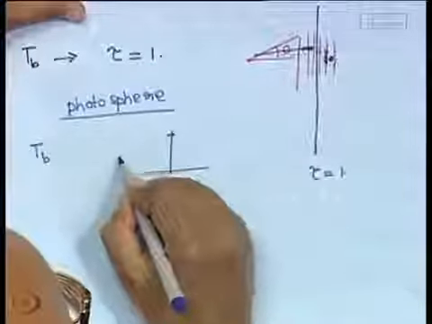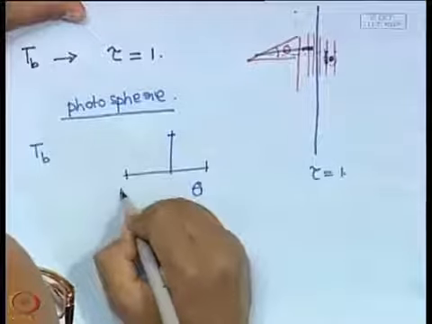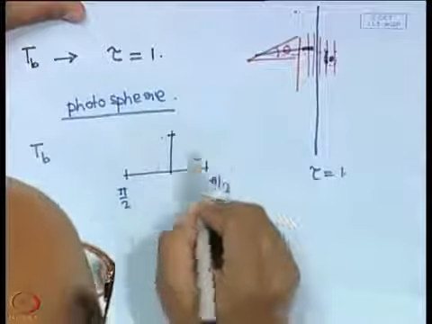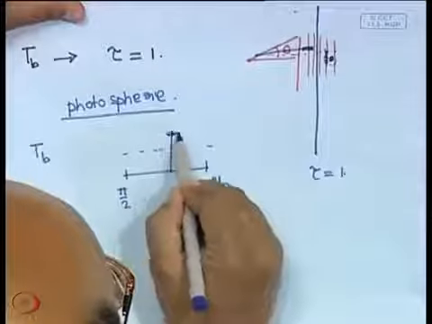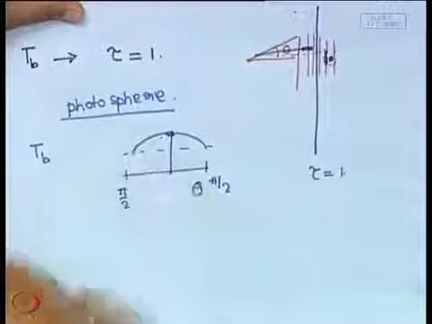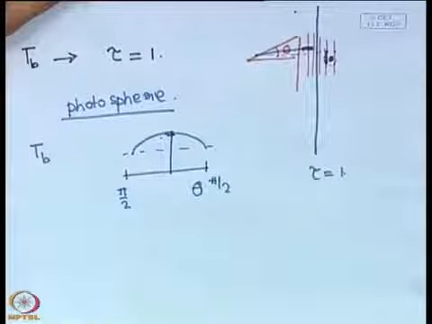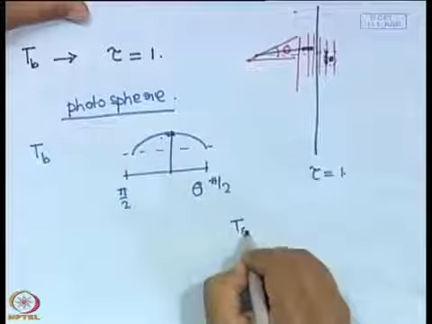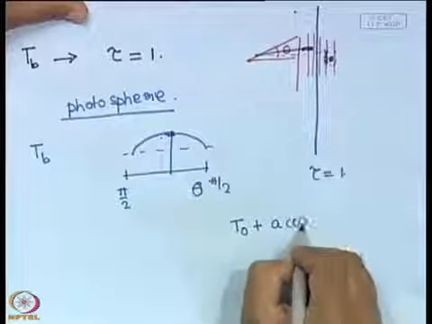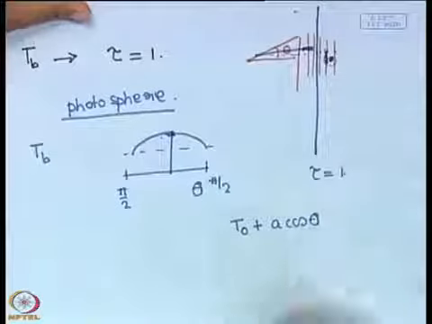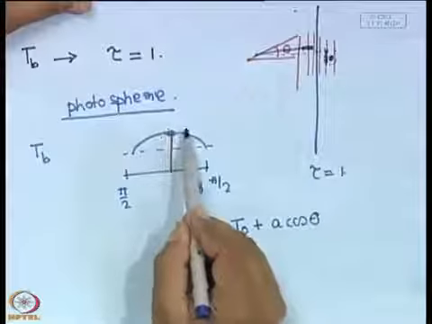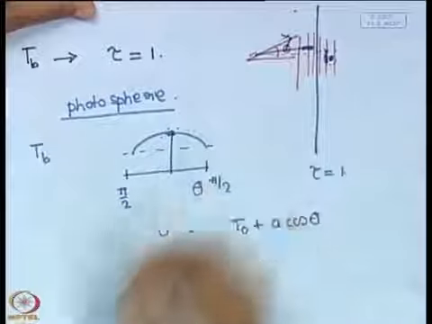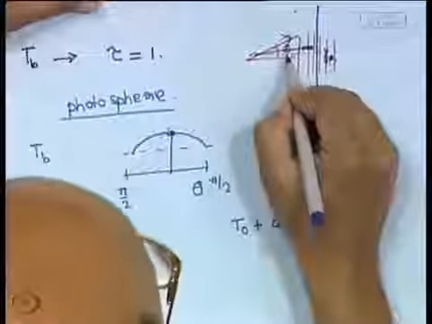So, the temperature profile, this is pi by 2, will look something like this. That is just cos theta basically, T naught plus A cos theta. As theta increases, the value of cos theta falls and the temperature is going to fall. So, if you look in this direction, you are going to see a smaller temperature as compared to this direction.